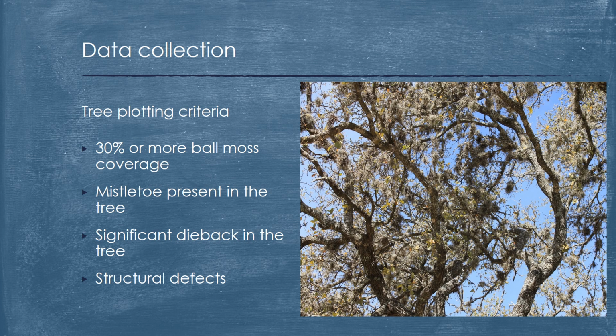We also went with the presence of mistletoe in the tree as a sign of poor tree health, because mistletoe can be considered a pathogen in the tree, which also absorbs nutrients from the plant itself.